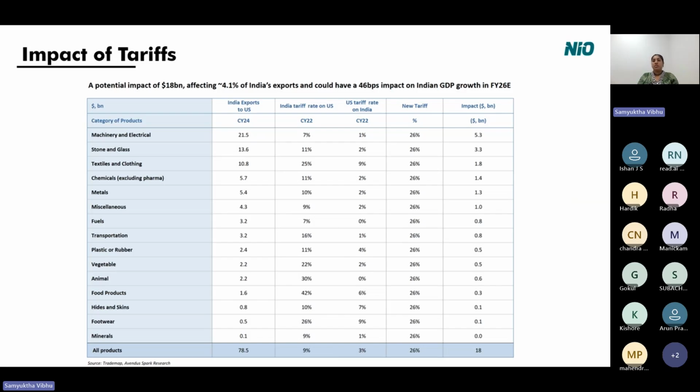So the estimates on this really vary depending on how we make up for it, but it can be anywhere between, say, 0.2 to 0.8% in terms of estimates that different economists are projecting. So I think it's fair to say that roughly 0.5% of GDP growth could take a hit because of what's going on on the tariff front, especially if you have some level of resolution, but not a full level of resolution.